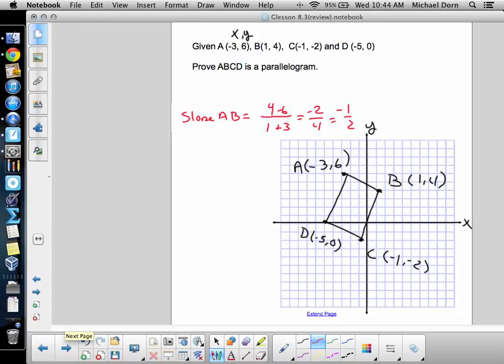Now, I could go to BC, then CD, then DA, or I could go straight for the opposite side right away. So I have the two grouped together, the parallel ones I hope are parallel. So I'm just going to go straight to CD, because AB has to be parallel to CD. So slope of CD. Again, I'm identifying what it is I'm finding.